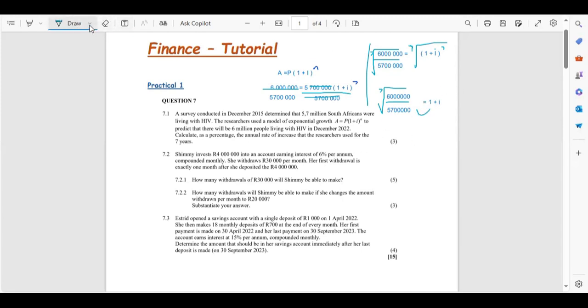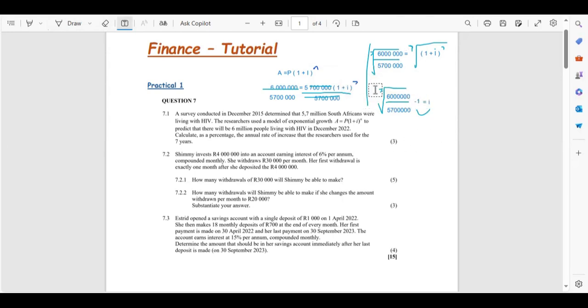So if I transfer this 1 to the other side, it would now be a negative, right? So this would be -1, this side, and this side, you would be only left with your I.